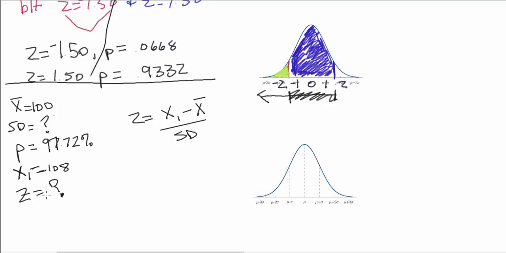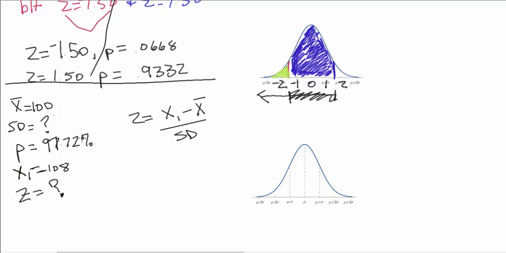Now, to find the z, we have our raw score. We have our mean, but we do not have the standard deviation. What we do have is the proportion to the left of 108. So what we can do is go back to our unit normal table, and instead of searching by z-score, we can actually search by this proportion.